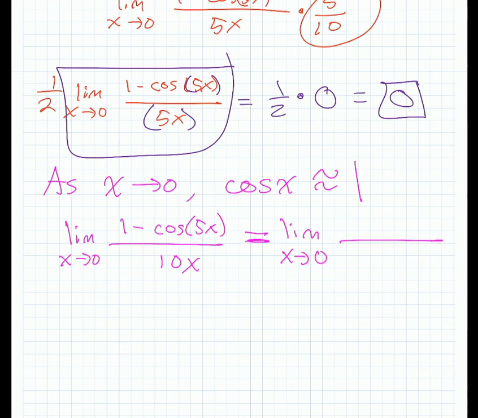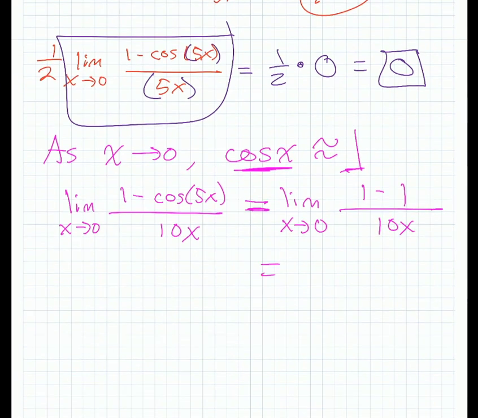But because they're limits, you can do this. So what do we say? We say that the cosine is approximately 1. So this is basically 1 minus 1 over 10x, which is the limit as x goes to 0 of 0 over 10x, which is 0, right? Because the top is 0.